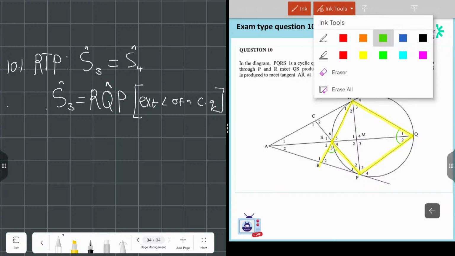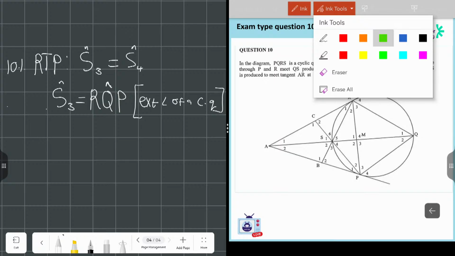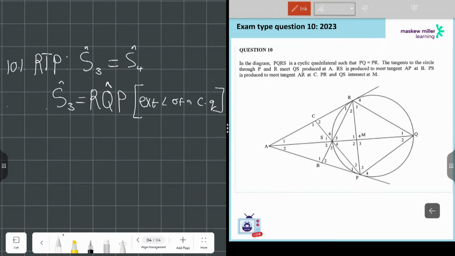If you check again here, let's see. You can see that the angle S4 there is actually equal to R3. But how is that happening? If I stand on my chord PQ, which is this line, and then I go up, which I usually do using my finger, it ends at the circumference at R3.